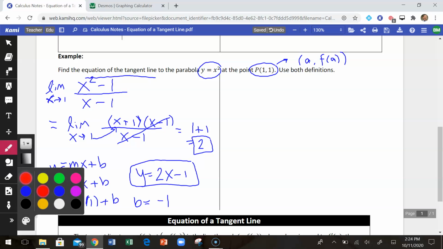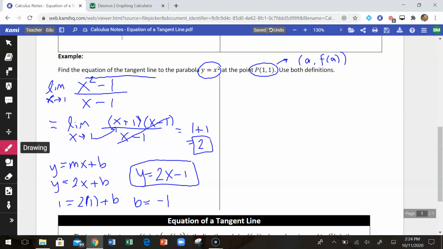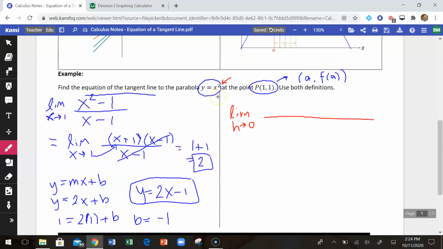Okay, I'm going to do this exact same problem, but using the second definition. So the second definition was the limit as h approaches 0 of f of a plus h. That means I'm going to take this function and replace the x here with a plus h.